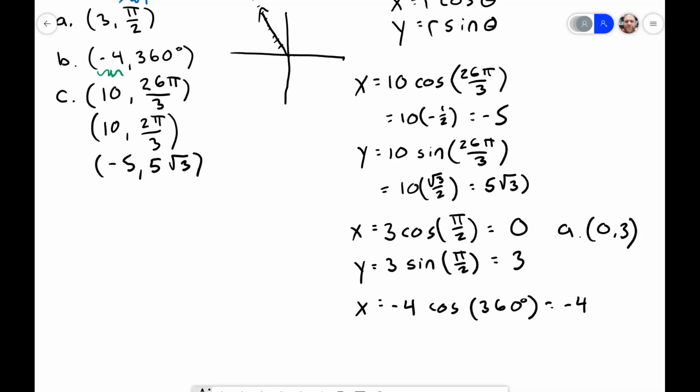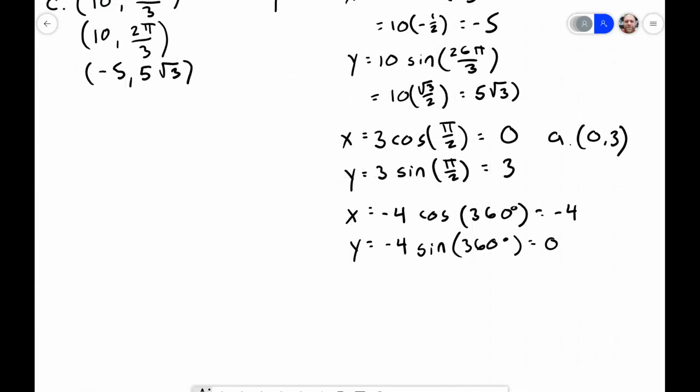And then y is equal to negative 4 times the sine of 360 degrees, which is equal to negative 4 times 0, which is 0. So B is going to be negative 4, 0.